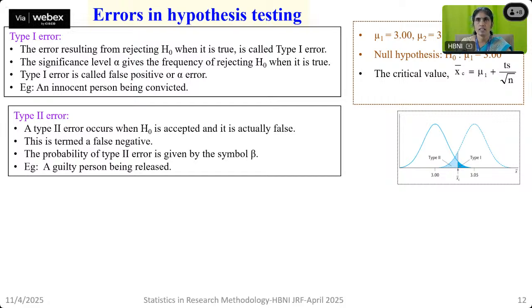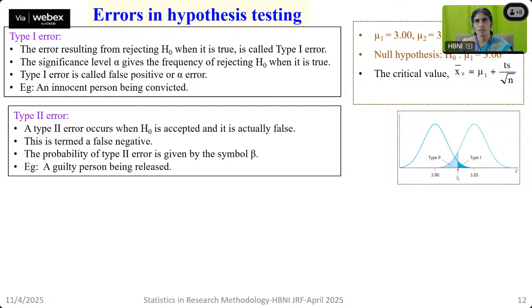That is the type 1 error, where we lose data even though it was part of the original population. The area or probability corresponding to this region is called the alpha error or type 1 error. Alpha is the significance level corresponding to that.